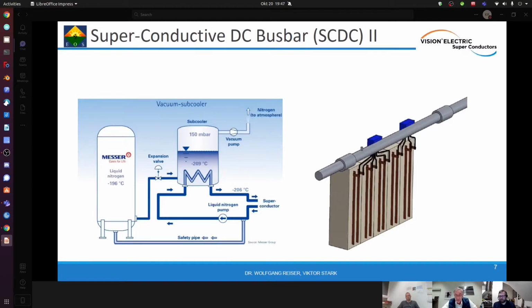Yes, liquid nitrogen is basically coming out of oxygen production, and oxygen is used in all steelworks, in all hospitals, in a lot of other facilities, and in laboratories.